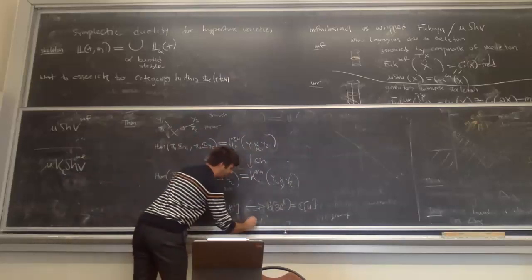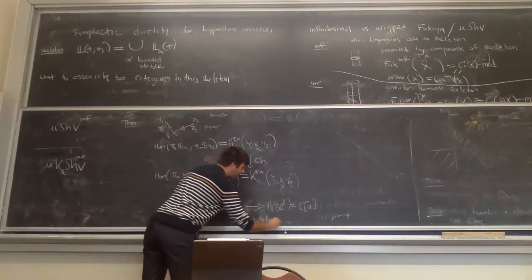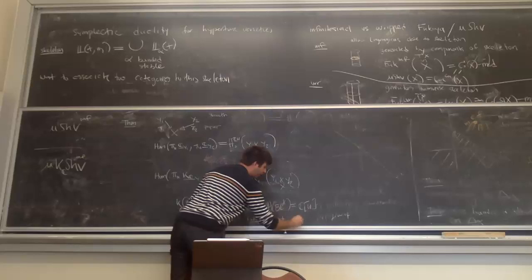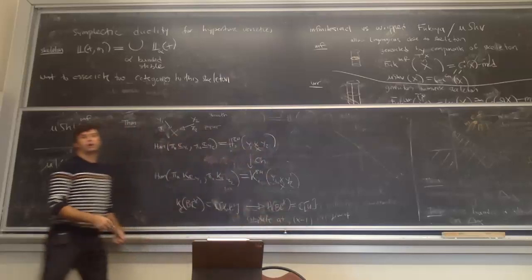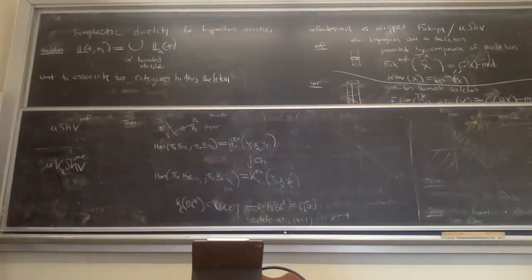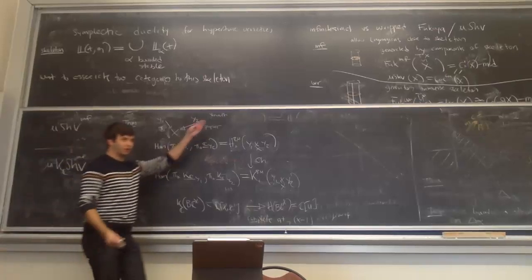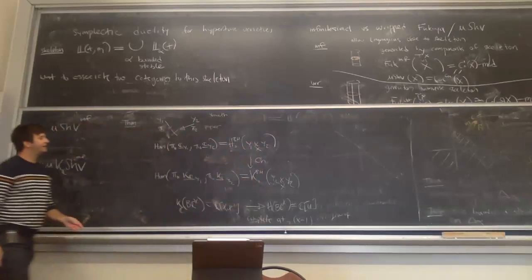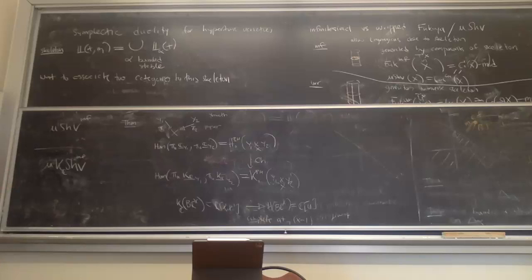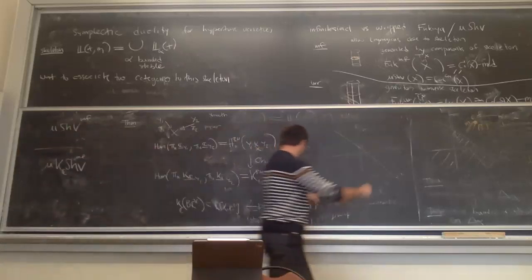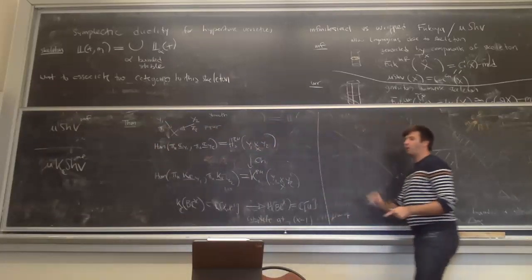This thing is basically just completion at the irrelevant ideal. So for stacks, this map will actually be non-trivial. And the point is that it's going to be super useful if I allow myself to have a stack. This was something that we were the first ones, I think, to notice. And let me show you why this is true.